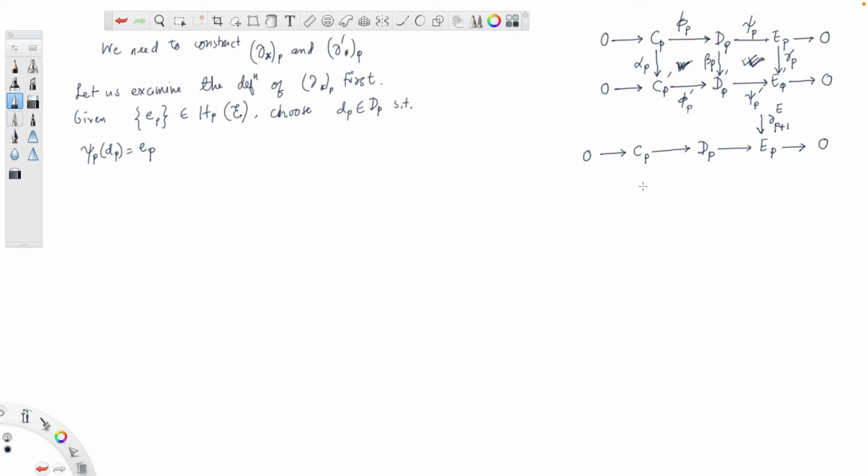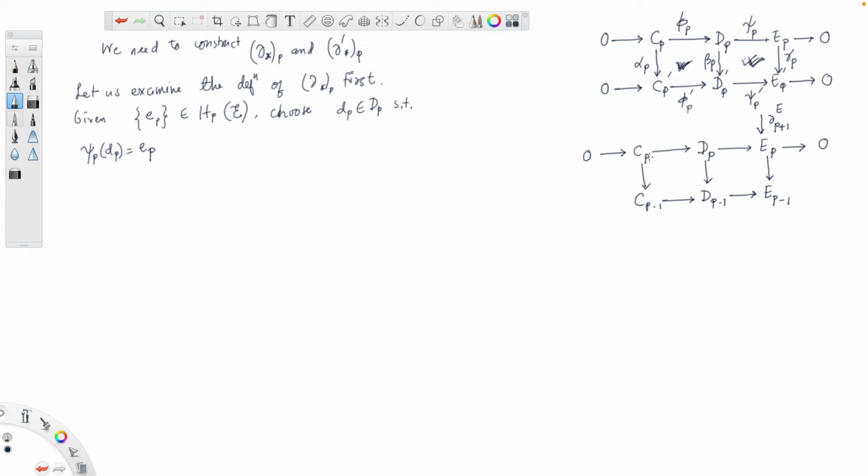Okay, and at the bottom we have Cp minus 1, and that goes to Dp minus 1, and then Dp minus 1 goes to Ep minus 1, and there are these maps.